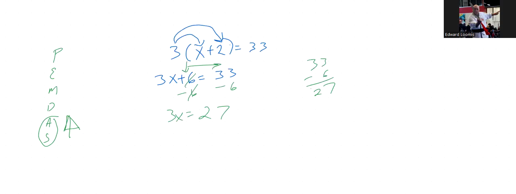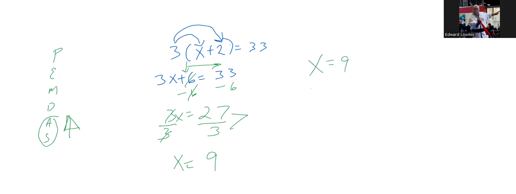Now I have 3x equals 27. All I have to do is, because it's a multiplication problem, I divide by everything I see in front of the x, which is a 3. 3x divided by 3, they cancel. I have x by itself. 27 divided by 3, we know, is 9. So my x equals 9.